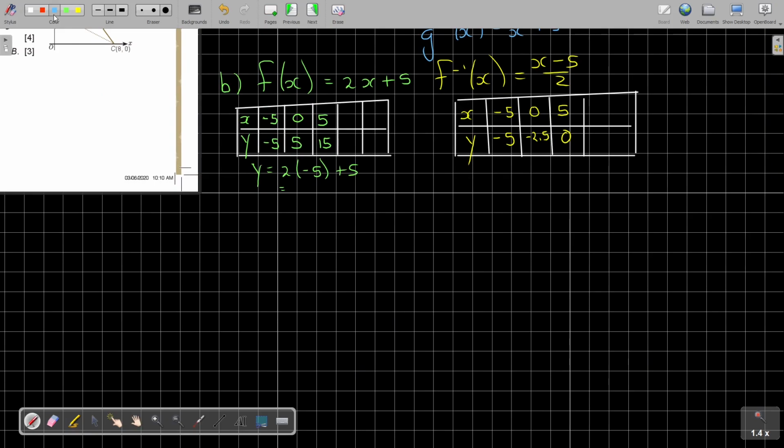Now I'm just going to quickly draw my graph. I just want to see 1, 2, and this is going to be up to 15. But I just need 2 points because it's 2 straight lines.